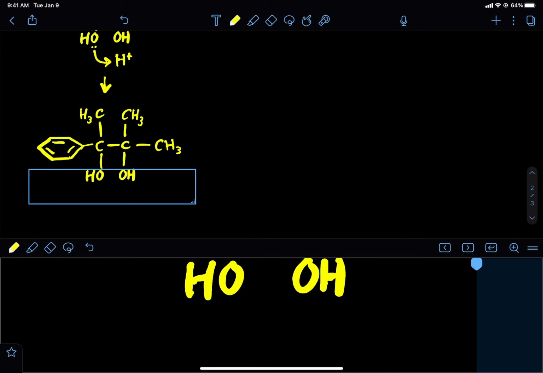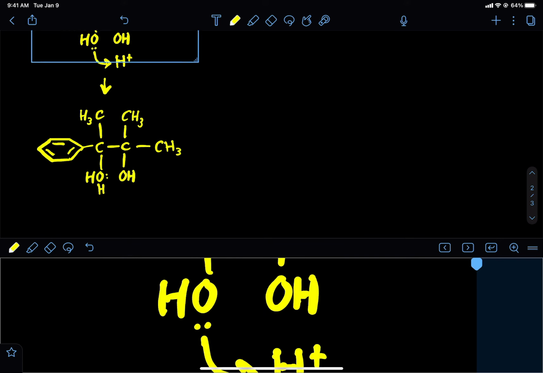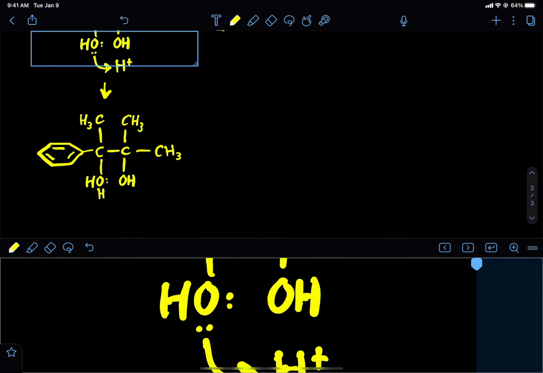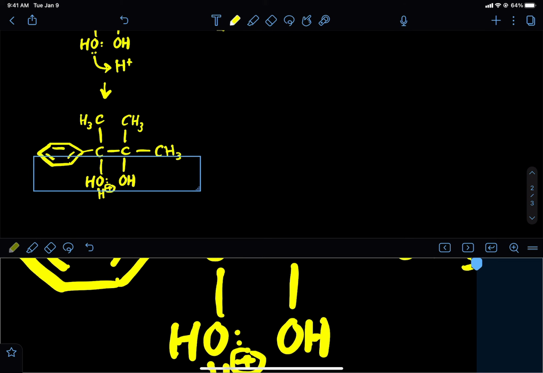Well, it's going to become water. The O now has 3 bonds and 1 lone pair. Remember, it had 2 lone pairs to begin with. So that's water. It's going to have a positive charge. And water is going to leave.